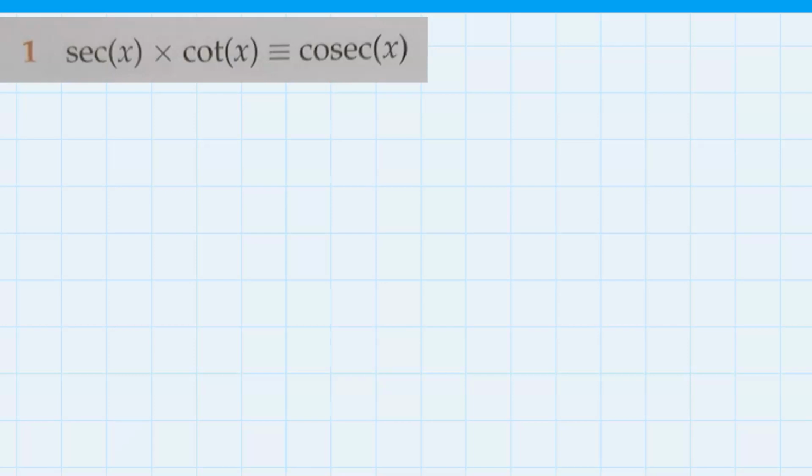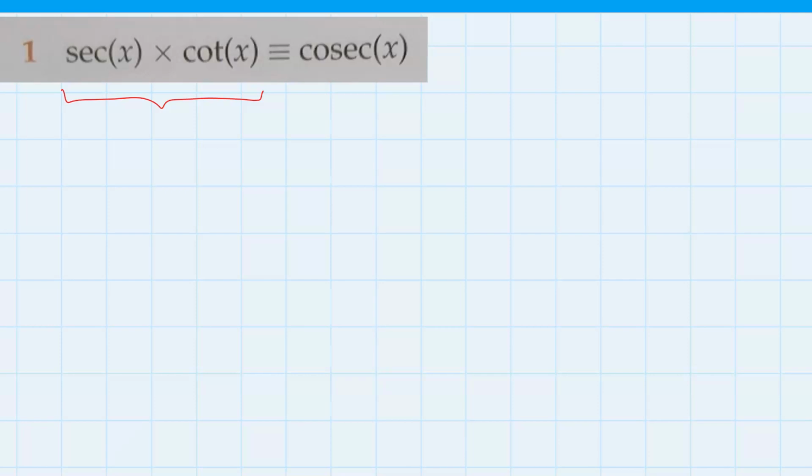Looking at this problem, my first instinct is to work on the left hand side because it's got two trig functions, and on the right hand side we've only got one. So we need to see whether we can simplify that product on the left hand side so that it equals one kind of function, and hopefully that's going to be cosec of x.